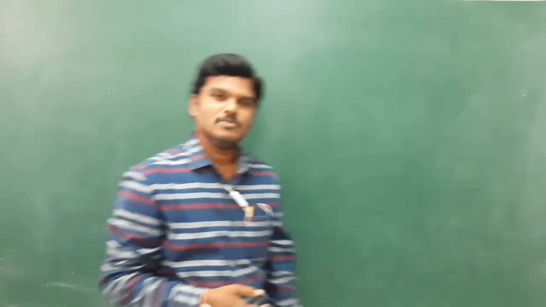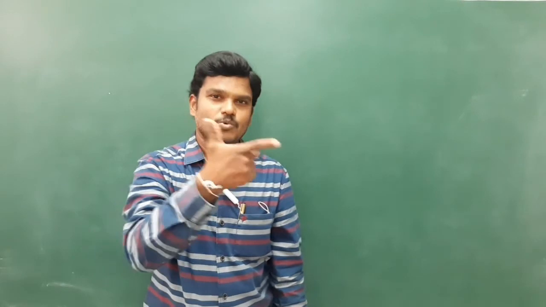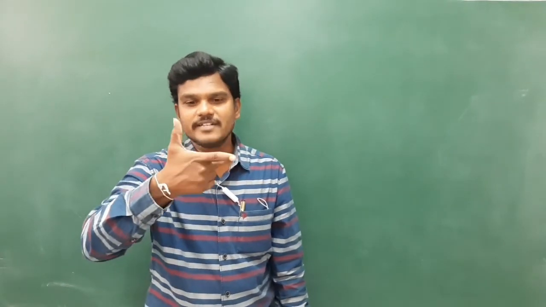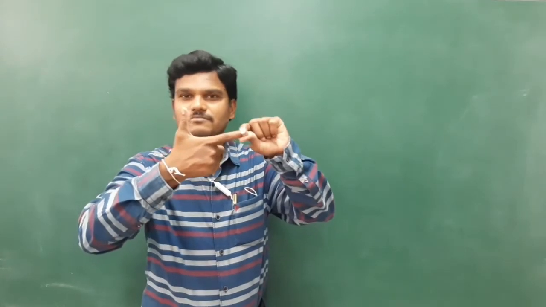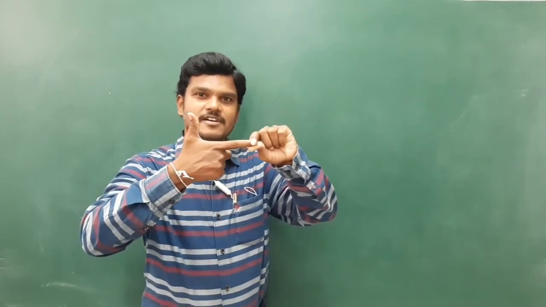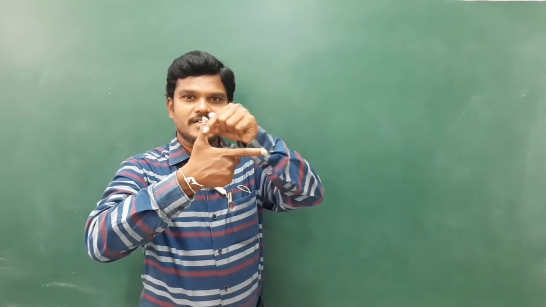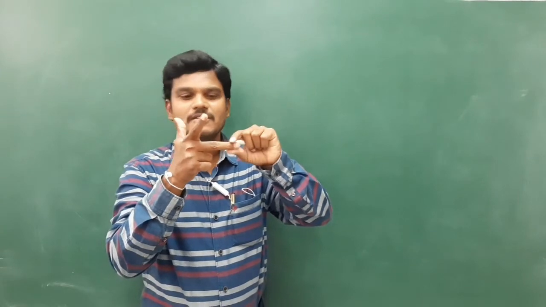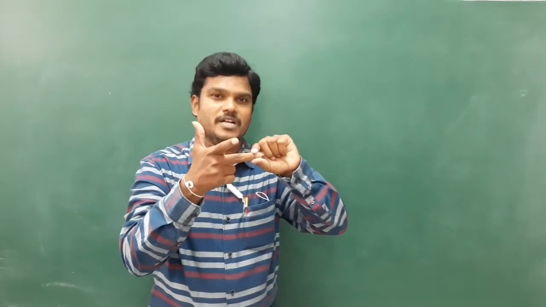Otherwise, you can follow Fleming's right hand rule: stretch the right hand, one finger represents the direction of the magnetic field, another the motion of the conductor, and this finger will give the direction of the induced current.